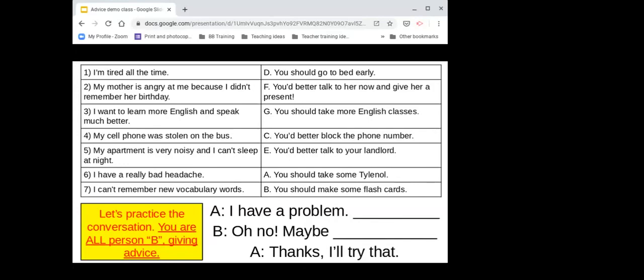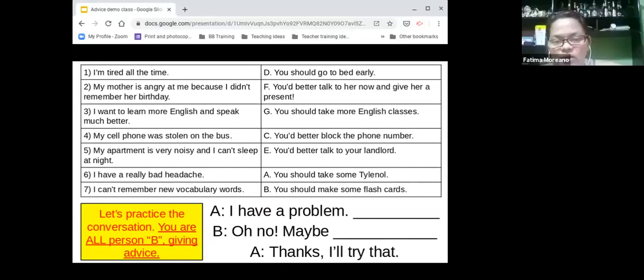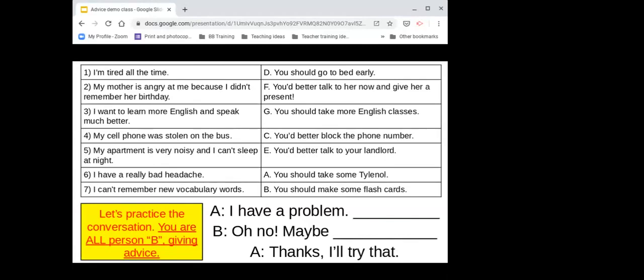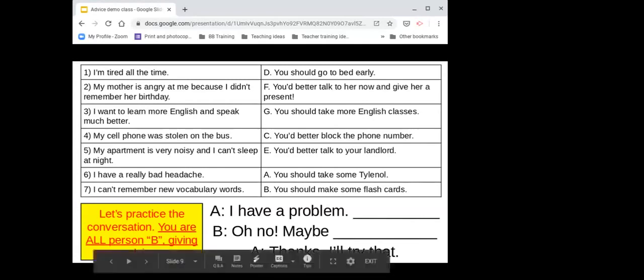Thanks. I'll try that. Number 6, I have a really bad headache. Oh no, maybe you should take a Tylenol. Thanks. I'll try that. And number 7, I have a problem. I can't remember new vocabulary words. Oh no, maybe you should make some flashcards. Thanks. I'll try that. Okay, thank you everyone who spoke.